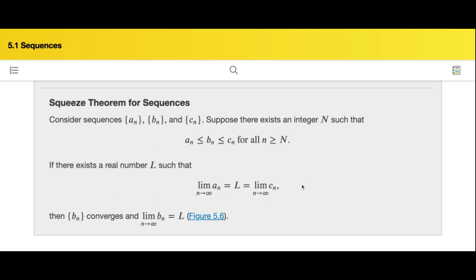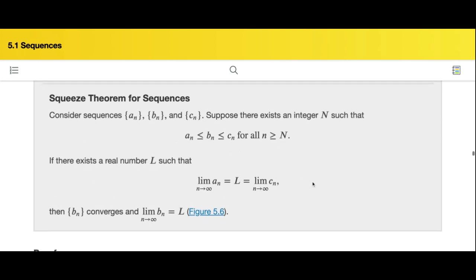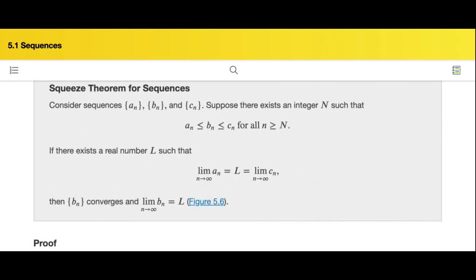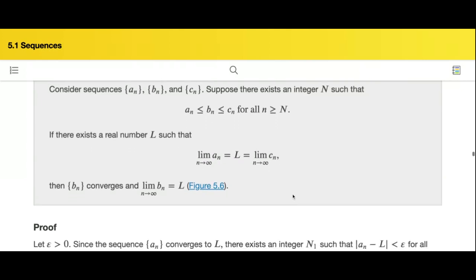This squeeze theorem is quite important. Remember when we learned limits, we also used the squeeze theorem. Sometimes it's difficult to find the limit for a certain function, but maybe we can find two easy functions and use the two sides to squeeze the limit of the middle one. So, the same idea.